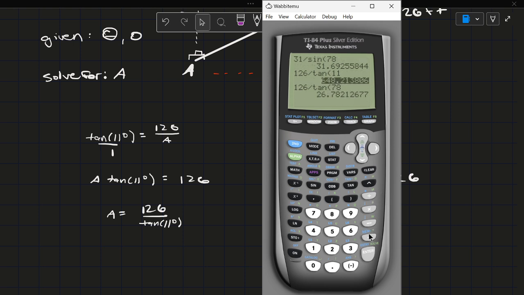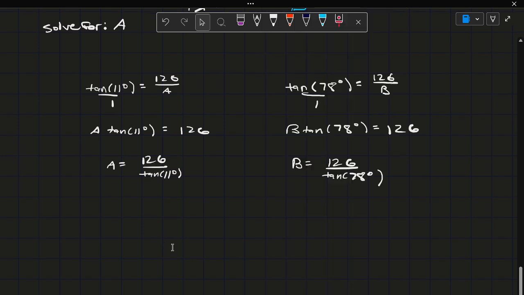So we take this answer, subtract it by this answer, and the distance from point A to point B is 621.4 feet.